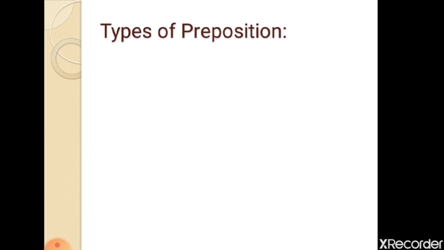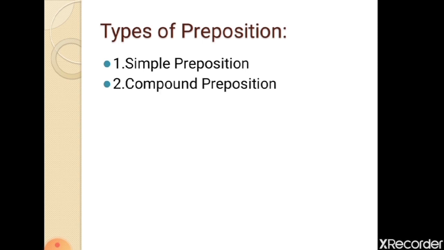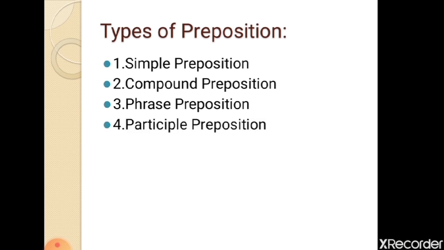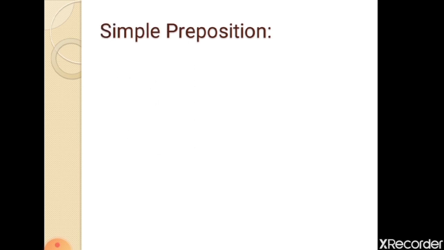Now, let's see what are the types of preposition. The first one is simple preposition, then compound preposition, phrase preposition, participle preposition, double preposition. Now, let's see what we mean by simple preposition.